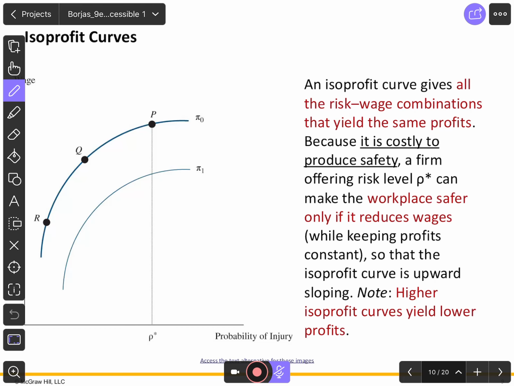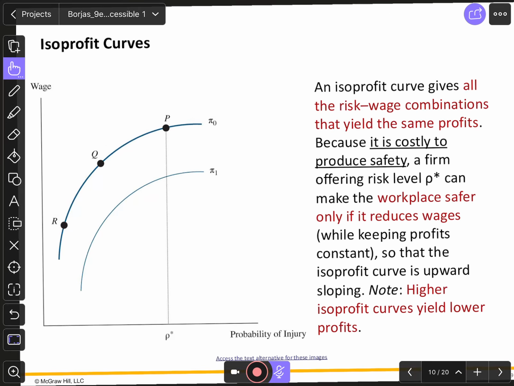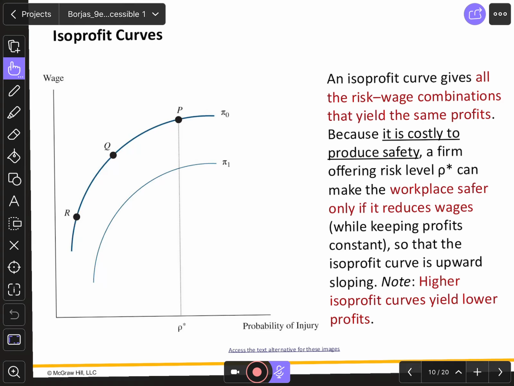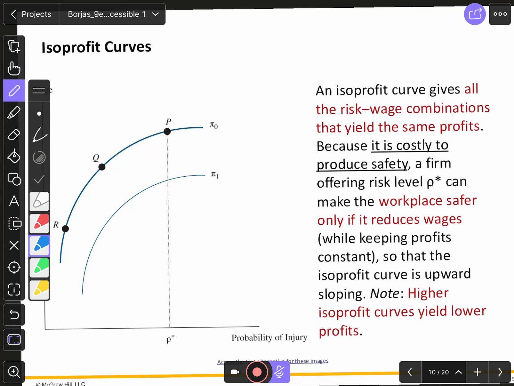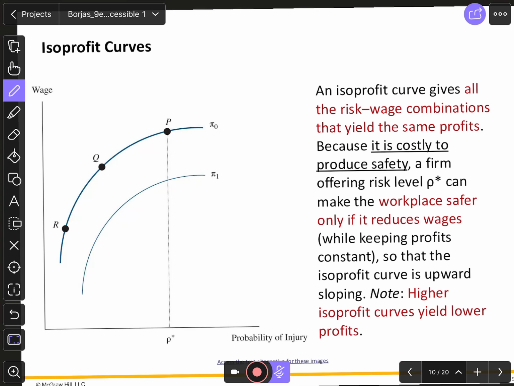For the isoprofit curves, we have here again the wage and the probability of injury, so there is nothing new, and there is a profit function. ISO means equal, and each and every curve is showing an equal profit.